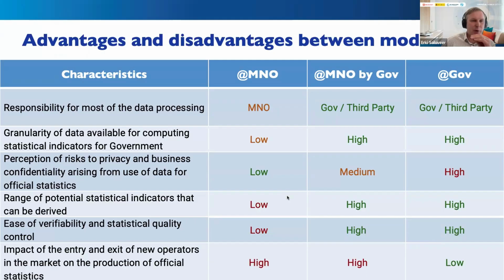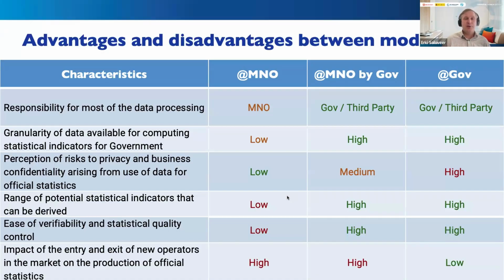So one by one. So first, who is responsible for the data processing? Green meaning that from the government perspective, this is better, and red meaning from the government perspective, this is an issue. It is an issue because the mobile network operator has, in the first model, much better overview, and it's much harder to get them to do the processing as the government really wants, as there is communication.